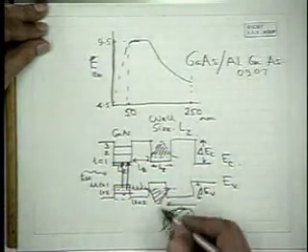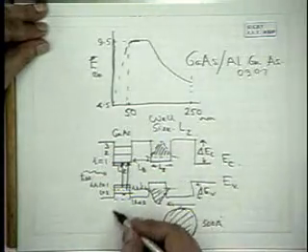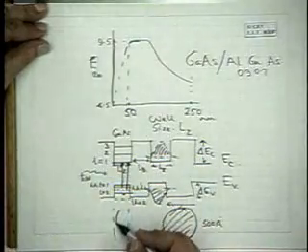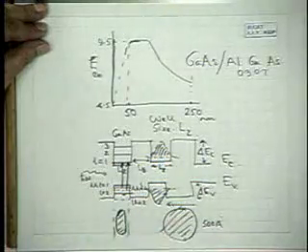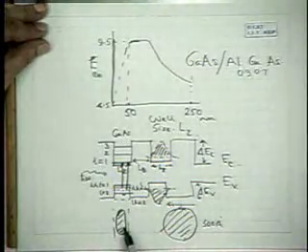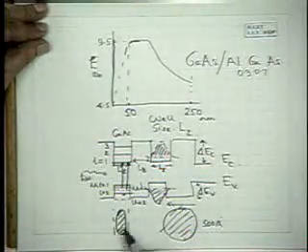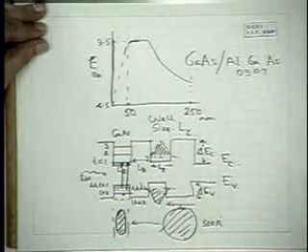But since the electron and hole wave functions are being confined by the wells, in the quantum well the electron wave function will be confined and it will take a sort of pancake shape. This can be calculated mathematically, but physically this is what is going to happen.